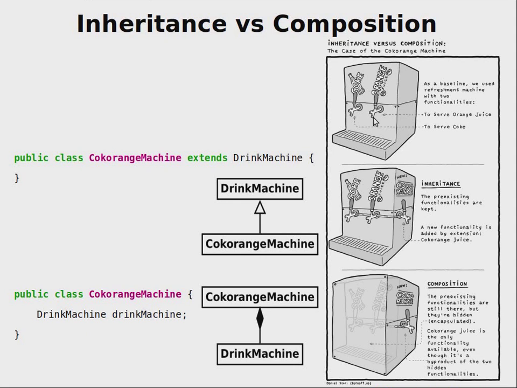Then if you use inheritance, you inherit everything from this previous object, but you add some complexity, and for example you also create an output which creates a cocktail from Coke and orange juice. And this is proper inheritance because you add complexity, you do not hide complexity in your more advanced thing.